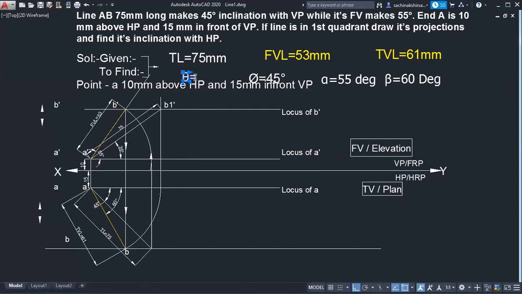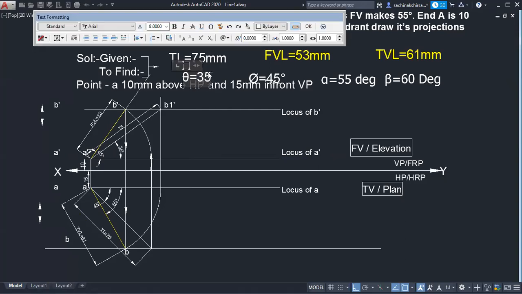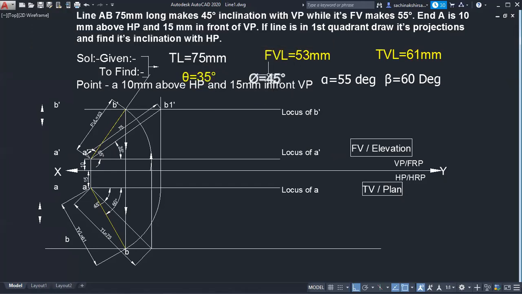So here I will write 35. Exactly, it is 35. Okay, let it be theta. So whether our problem is completed? Yes, sir. We got the remaining parameter. Have you understood? Yes, sir.